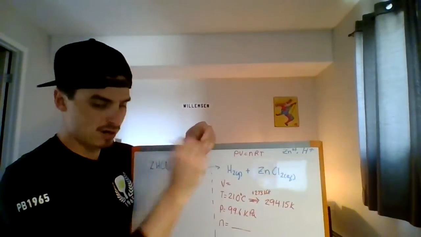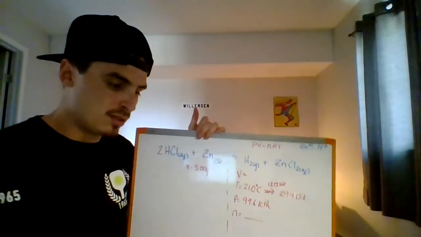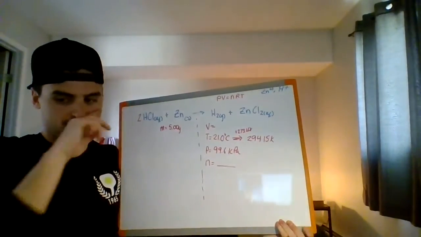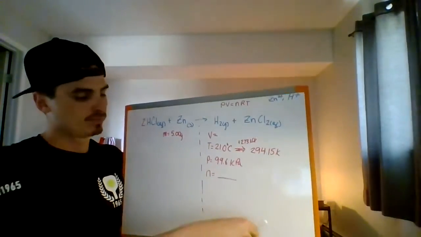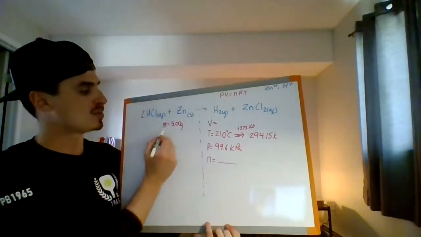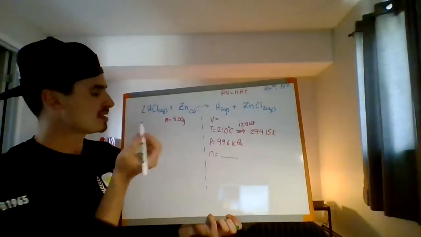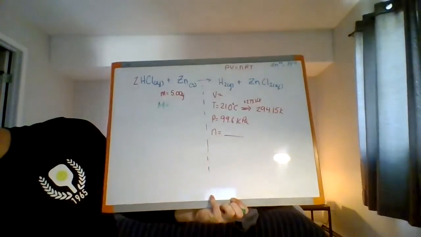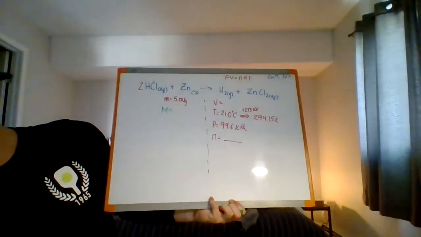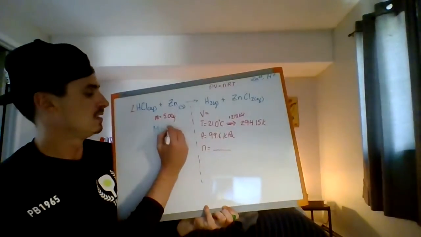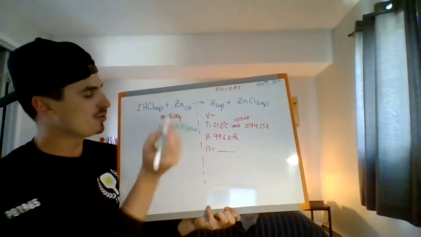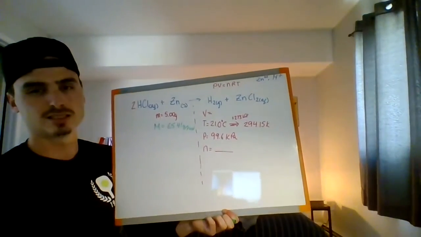Okay. Remember, in order to find the moles of one chemical, I need the moles of something else. Let's go back to zinc. Zinc tells me the mass is 5 grams. Do you guys know the molar mass of zinc? You do. I believe it is 65.41 grams per mole. Can you guys find the moles using these?